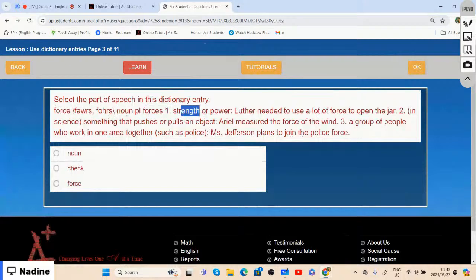What is the part of speech? A noun? Is it force? The part of speech. Like, is it an adjective? Is it a verb? Is it a noun? What is the part of speech of the word force?